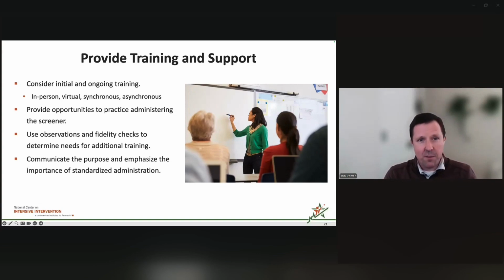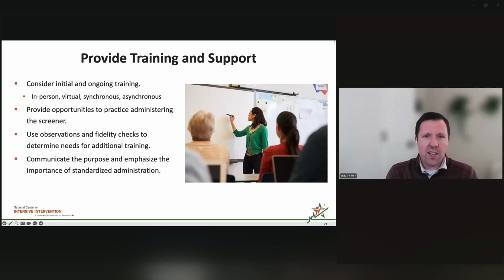Many of these assessments will give you allowable accommodations, meaning you can do it this way or that way and still have a valid score. But if I deviate in ways that are not allowable, then I can't interpret the score. If I give a kid a little extra help or a little extra time, that score is not a valid score.